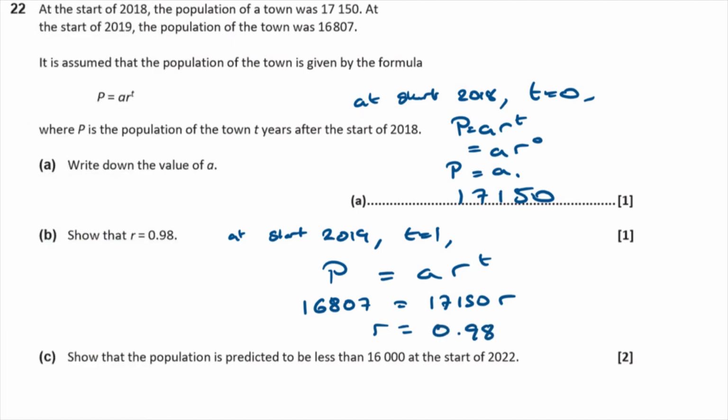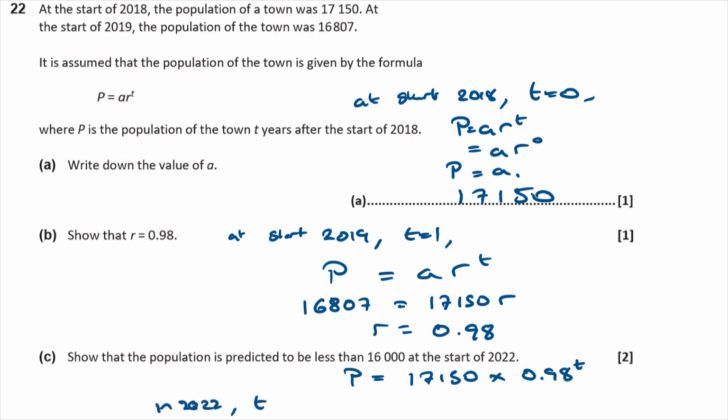Okay, show that the population is predicted to be less than 16,000 at the start of 2022. So now we've got the complete formula. Let's just write that down. The population is going to be A, which is 17,150, times R, which is 0.98, raised to the power of T. So in 2022, what's T?